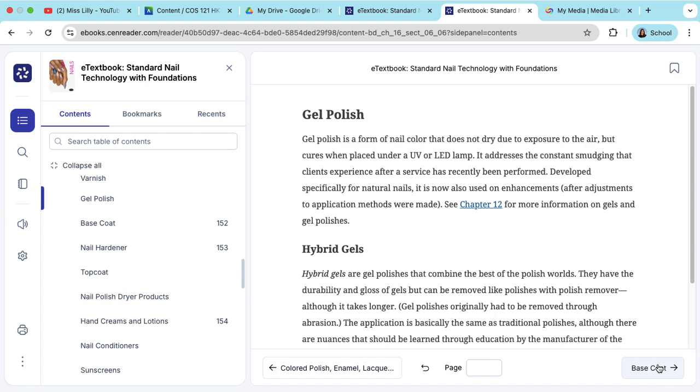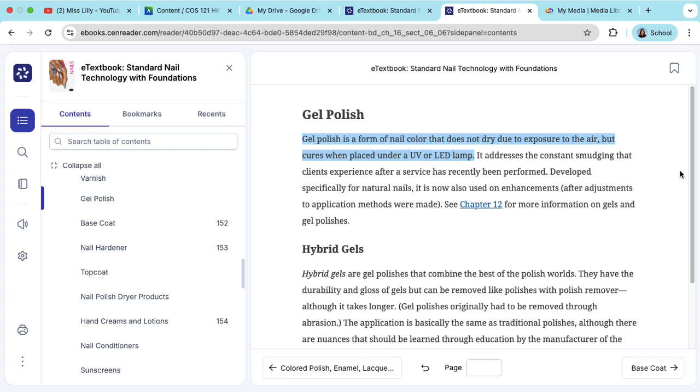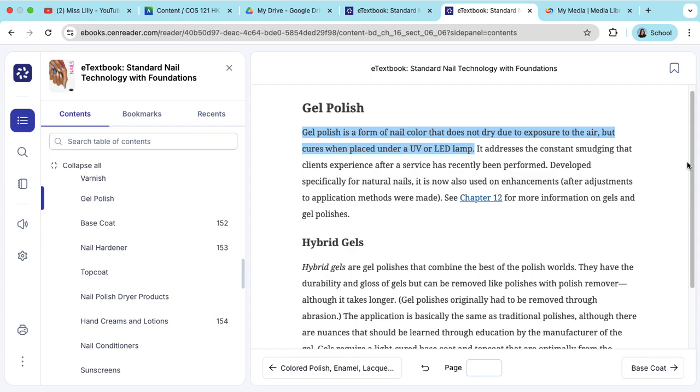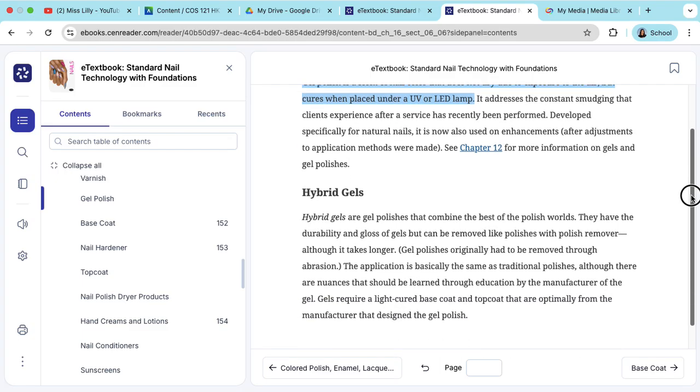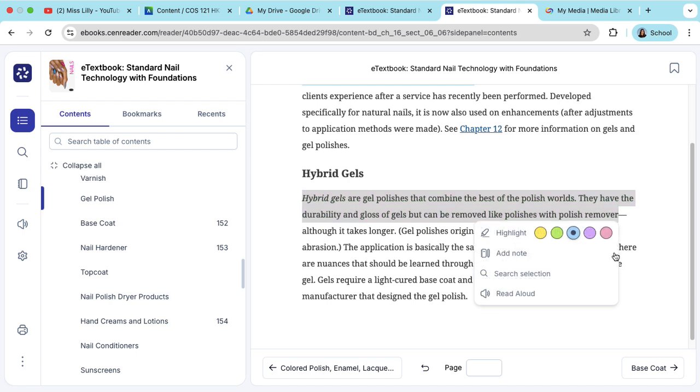Gel polish is nail color that does not dry due to exposure to air, but cures under a UV or LED lamp. These polishes have a high viscosity compared to regular nail polishes. Hybrid gels are gel polishes that combine the best of both worlds. They have the durability and gloss of gels but can be removed like polishes with polish remover.